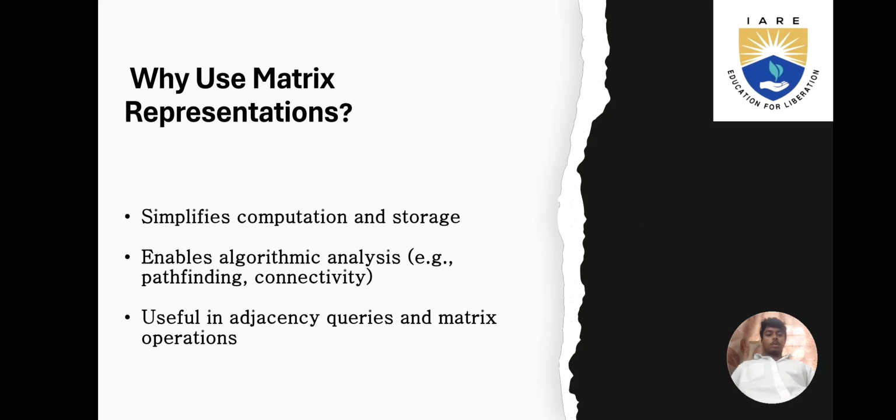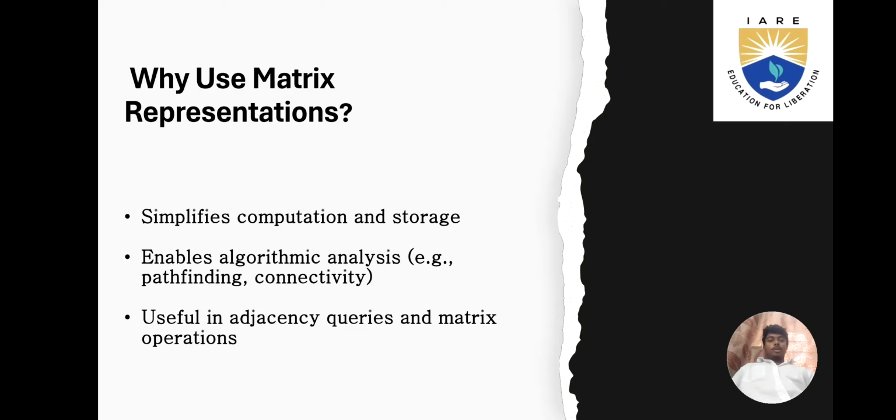It simplifies computation and storage, enables algorithm analysis, pathfinding, connectivity, and is useful in adjacency queries and matrix operations. Matrix representations of graphs are central to graph theory because they convert graph structures into numeric forms, enabling efficient storage, computation, and analysis through linear algebra. These representations are particularly critical in areas like network analysis, AI, bioinformatics, and spectral graph theory.